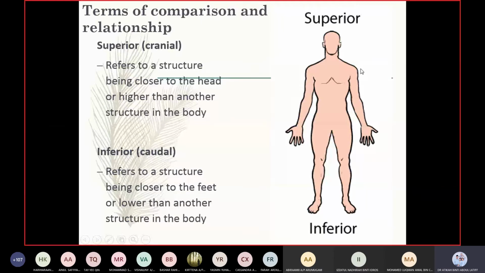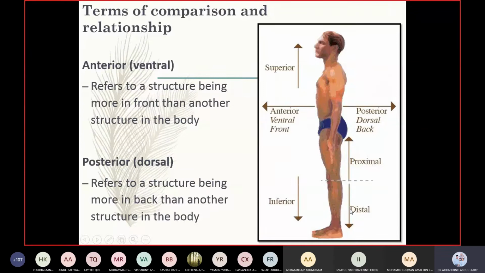Or if the patient has an injury here, you can refer to it as more superior, for example a fracture superior to the shoulder. So to compare structures, you use superior or cranial, and caudal if it's towards the feet.